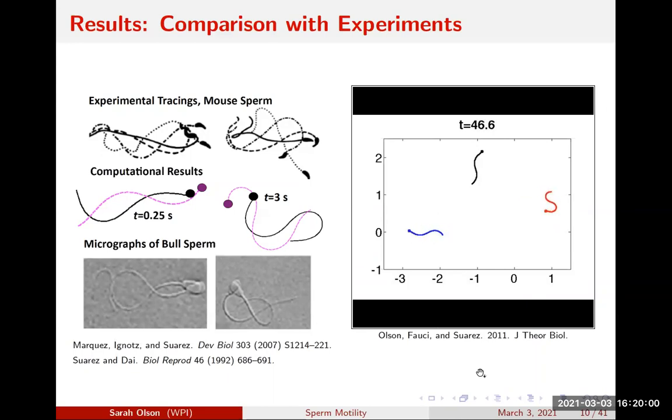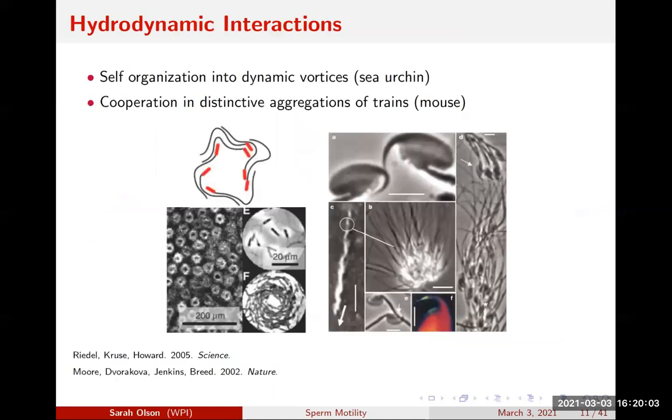And what we wanted to do after that is start thinking about, in this minimal model, can we start to tease out what are key ingredients to allow for self-organization or hydrodynamic interactions or cooperativity of different swimmers.